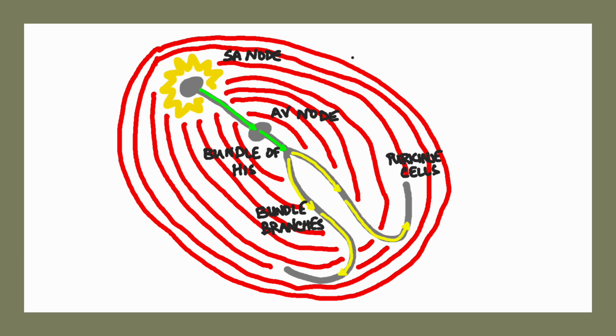Once triggered, it instantaneously sends the signal toward the AV node, which then goes to the bundle of His, then through the bundle branches, and finally to the Purkinje cells, which are in the ventricles. The signal spreads across the myocardium and it contracts in synchrony. Can you imagine how fast that signal is promoted to cause every one of the more than 3 million cardiac cells to beat as one?